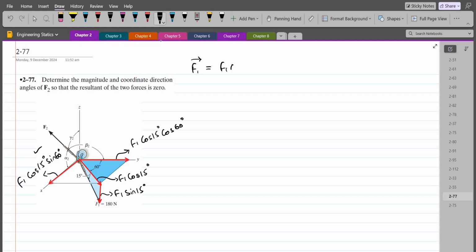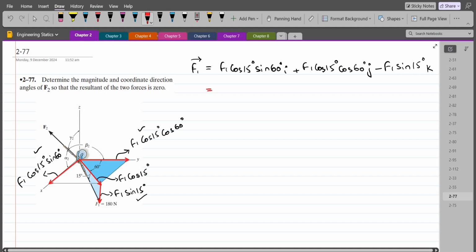The F1 force in Cartesian vector form can be written as F1 cos 15 into sine 60 i plus F1 cos 15 into cos 60 j. Since the z component is in the downward direction, negative F1 sine 15 k. When I substitute the values, F1 is 180 newtons.